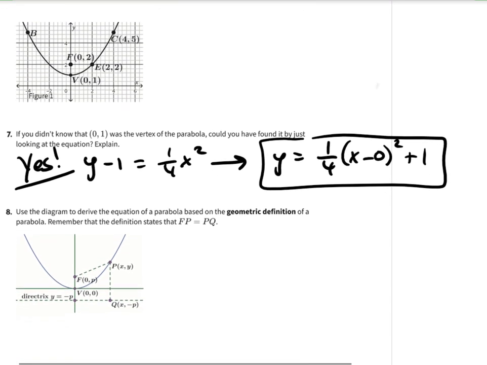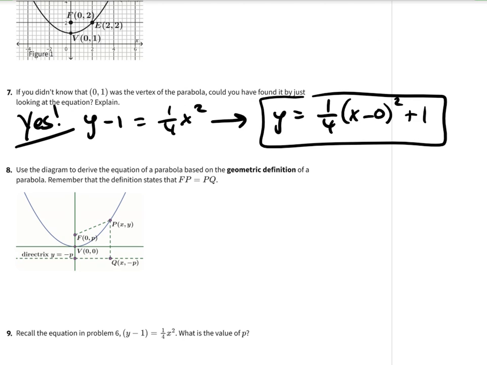Number 8. Use a diagram to derive the equation of the parabola based on the geometric definition of the parabola. FP equals PQ. I sometimes call it PD, this Q point, but for this one they call it Q, and we will keep it consistent with this problem.